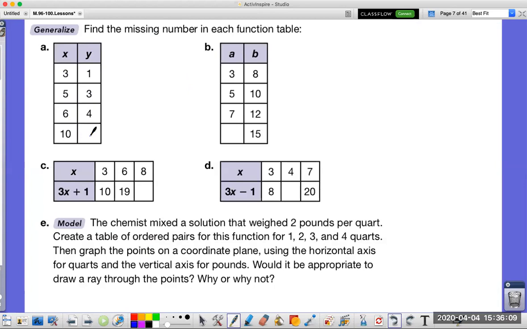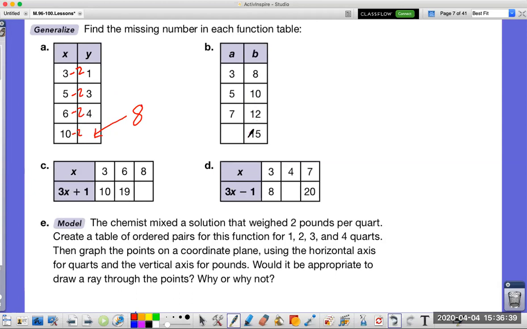What will be the missing value? I can see here, let me use a red pen, that I'm subtracting 2, subtracting 2, subtracting 2. I'm going to subtract 2 here. So that means the answer to this is going to be 8. I'm going to have 8 in this box.